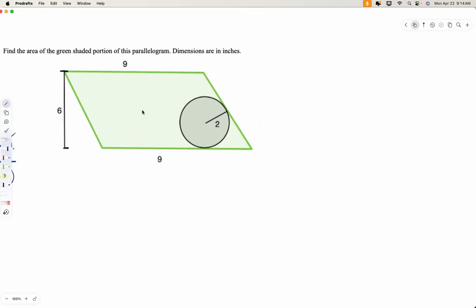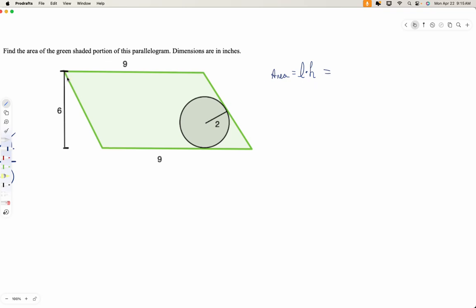We're going to find the area of the green shaded portion of this parallelogram. Dimensions are in inches. So in order to find the area of a parallelogram, it's exactly the same as a rectangle, length times width. So the area is going to equal length times height, the two dimensions that we use to designate the size of the parallelogram.